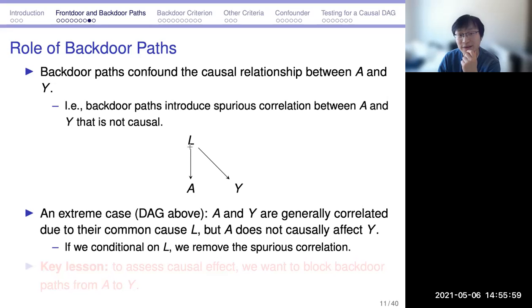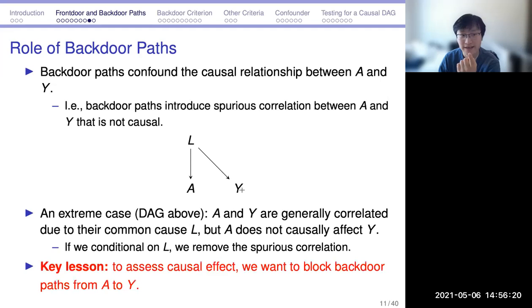Now, if we condition on L, we know from this fork structure that if we condition on this node, then A and Y will be conditionally independent. And therefore, if we condition on L, we remove the spurious correlation.